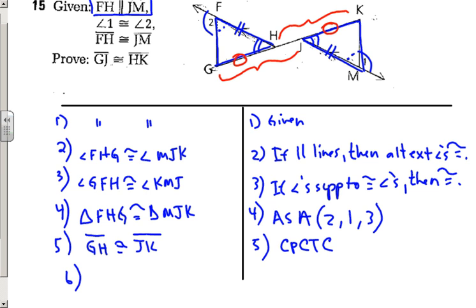Very simply, it's just the addition property. GJ is congruent to HK because you added the same segment to congruent segments. I added HJ to GH and JK, and I got congruent segments. So that is the proof in 6 steps. I hope this helps. 2 questions, one from 5.2 and one from 5.3.